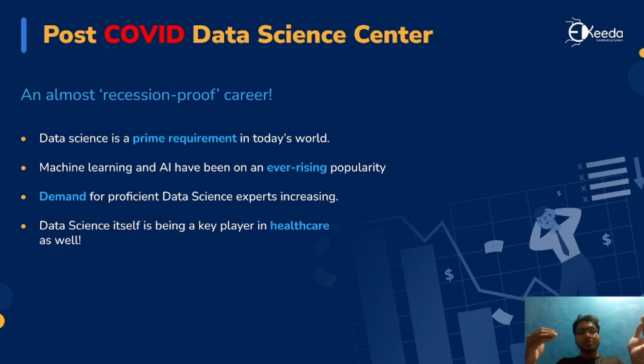Data science is now becoming a key player in healthcare, and apart from healthcare, in many fields data science is playing a key role to enhance the experience of a customer. One example would be FASTag. Before FASTag, we used to drive our vehicle and wait a lot at a toll plaza.